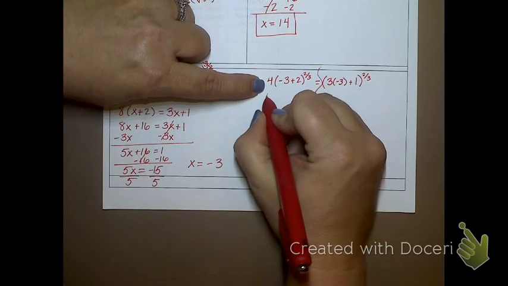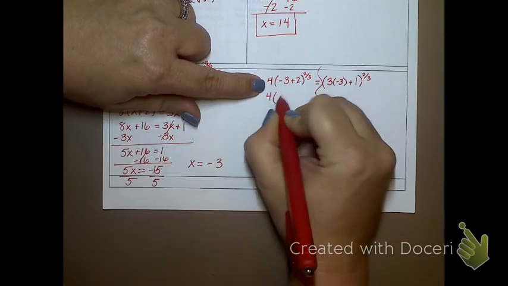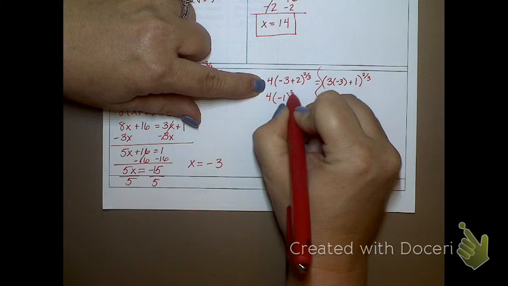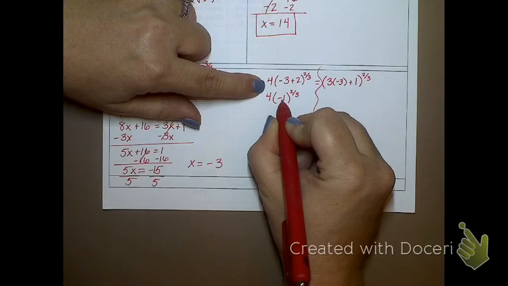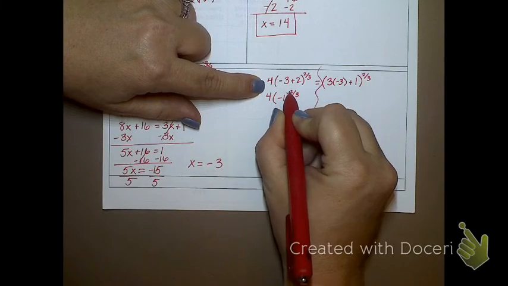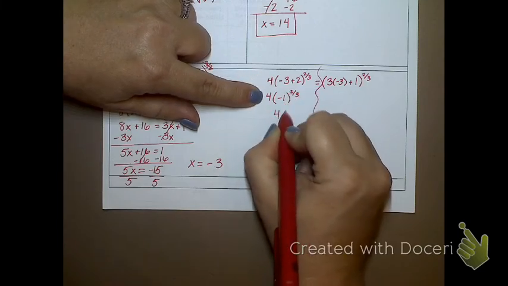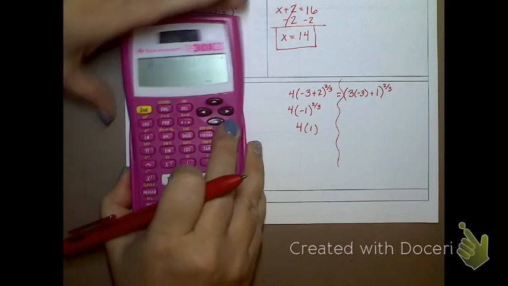So let's see, this would be 4, and then negative 3 plus 2 is negative 1. What's the cube root of negative 1? Negative 1. Negative 1 squared? 1. So this is really 4 times 1, and I could check that on my calculator if I wanted.